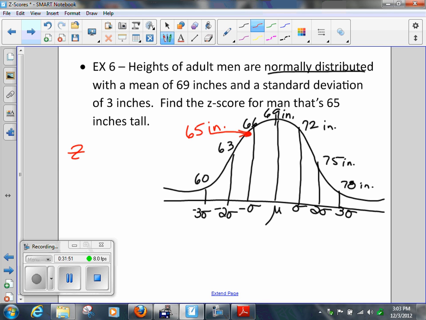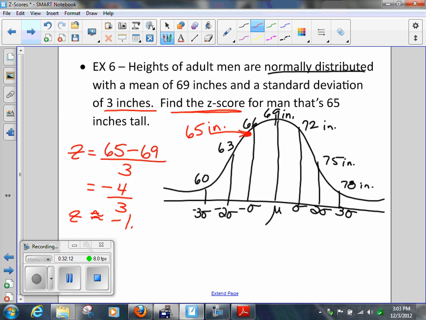All right, here we go. It says find the Z-score. The Z-score is equal to 65 minus the mean, which is what? That's right, 69. Divided by the standard deviation, which is 3. Very good. Negative 4 divided by 3, which is approximately negative 1.33, because it is 3 repeating.